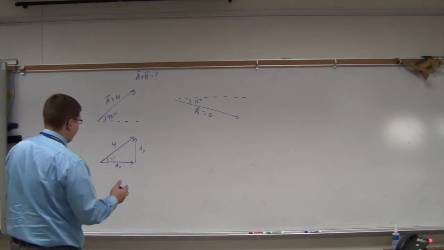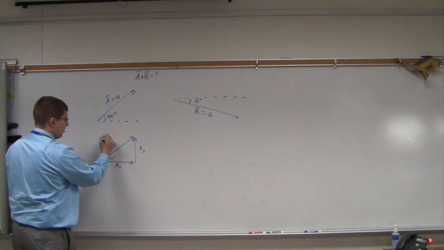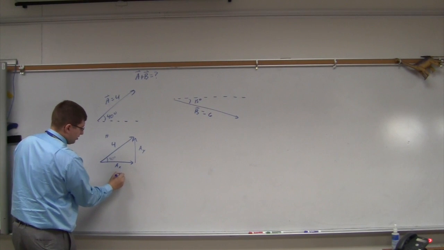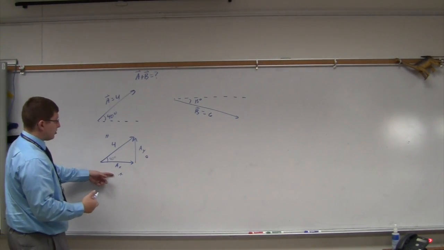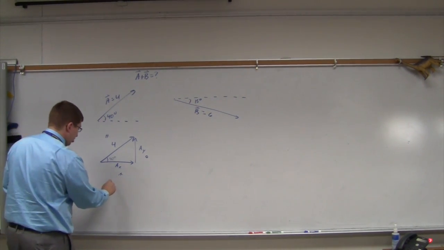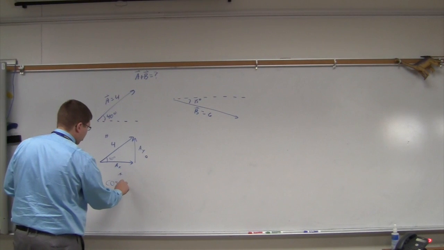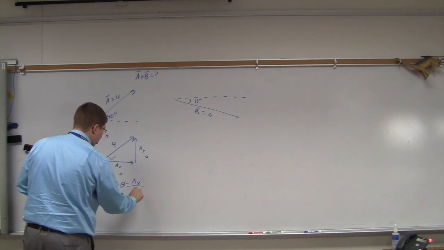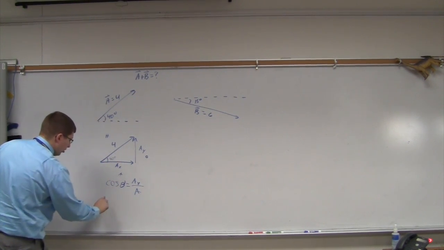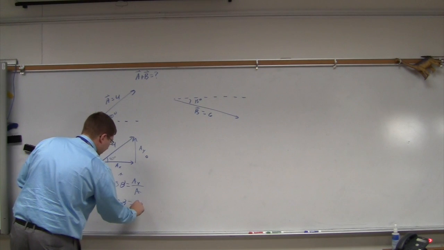Here's what that's going to look like. AX is the adjacent side of the triangle. We have the hypotenuse up here, that's our 4. AY, when we get to it, is our opposite. To find AX, I'm going to use cosine, because cosine is adjacent over hypotenuse. So cosine of theta is AX over A, so A cosine theta equals AX.